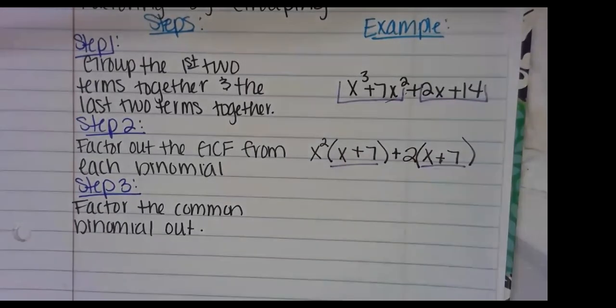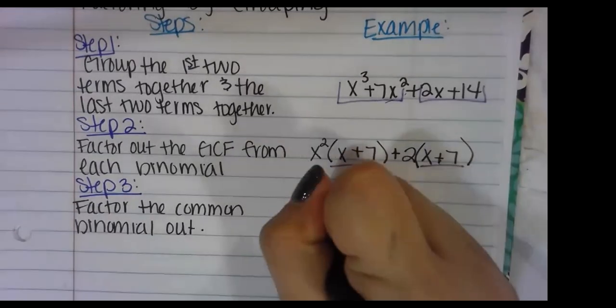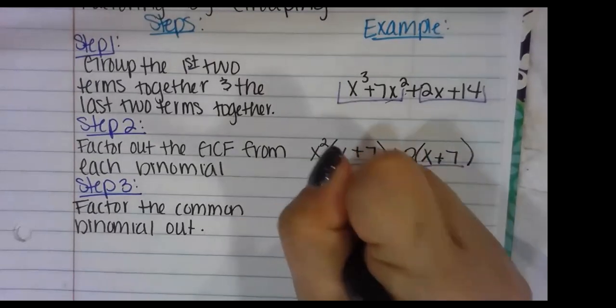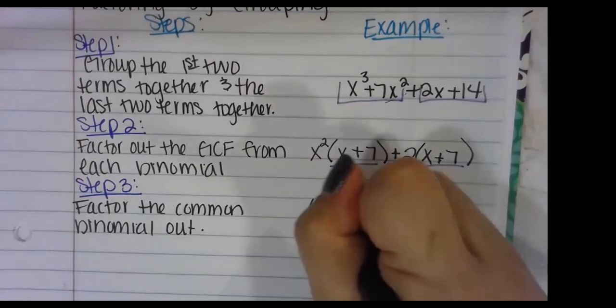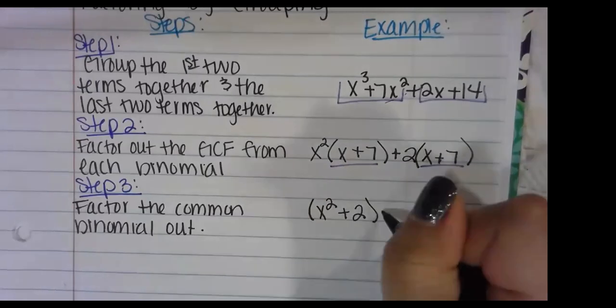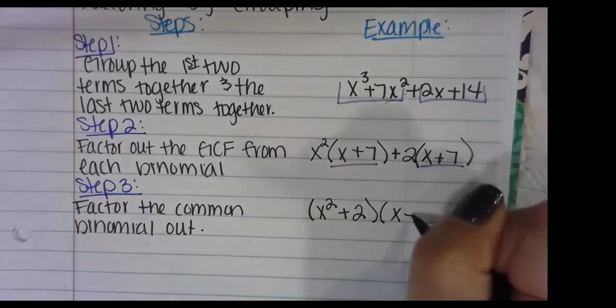So we have an x plus 7 and an x plus 7. So out of the parentheses, x squared plus 2 goes in one, and in the other one, we have that x plus 7.